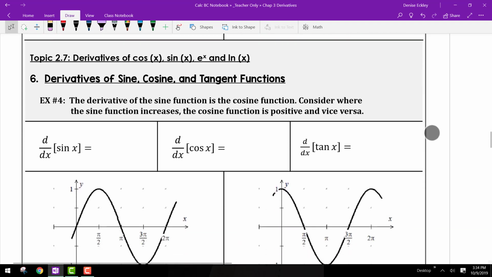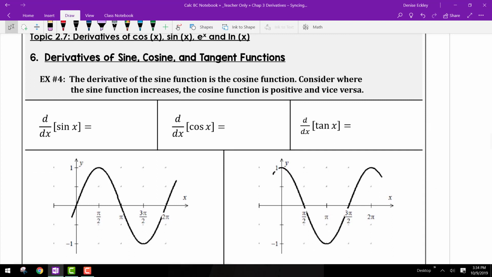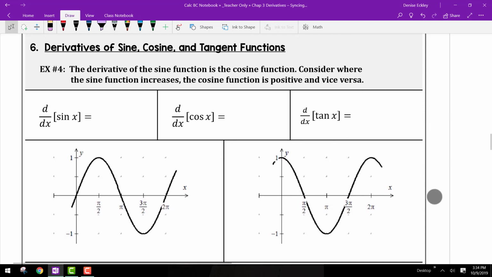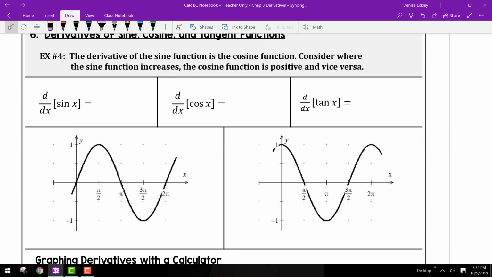So we'll start with the most basic ones, which are cosine, sine, and tangent. So the derivative of sine function is the cosine function. Consider where the sine function increases, the cosine function is positive, and vice versa. So they are kind of opposites of each other. So if you notice here, here's our sine function in the first picture.